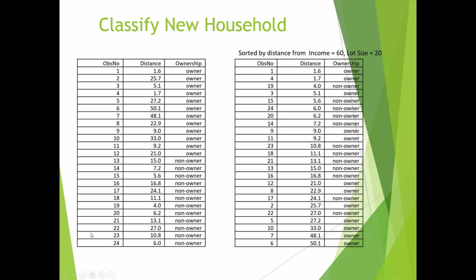So here are the distance computations, observations 1 through 24, and here we have sorted by distance. So this is our closest observation. If k equal to 1, you'd only look at this one observation. If k equal to 2, you'll take a look at these 2. If k equal to 3, you'll look at the top 3 observations.